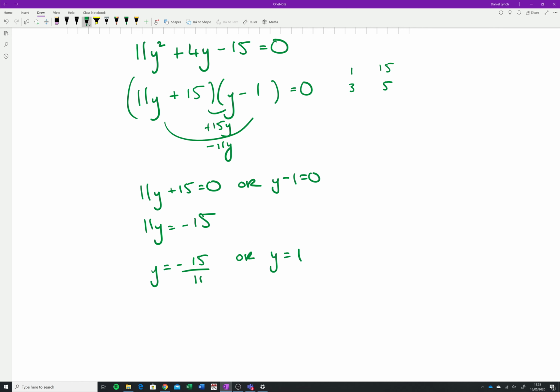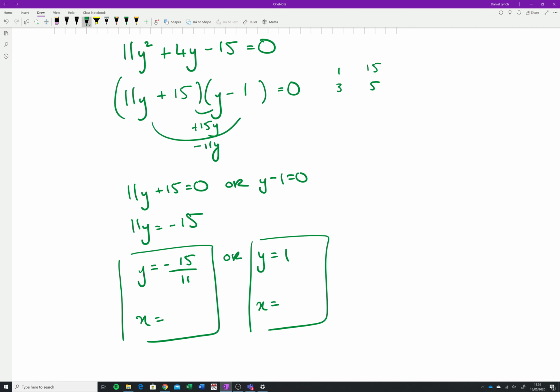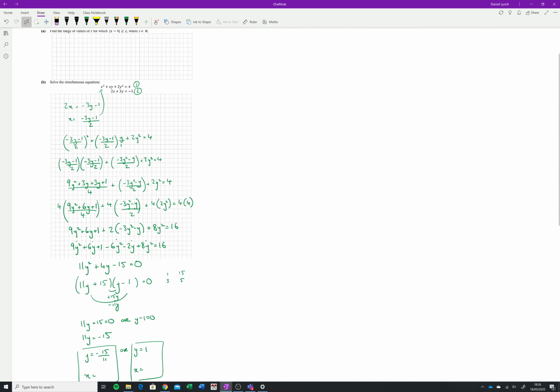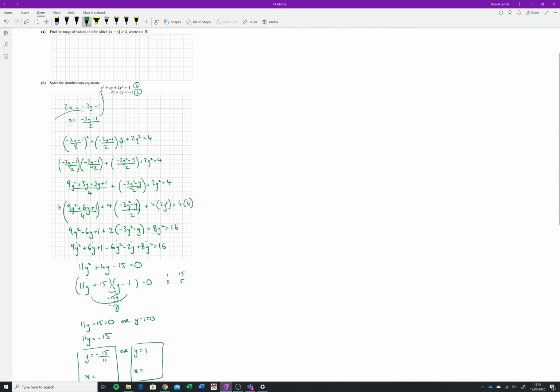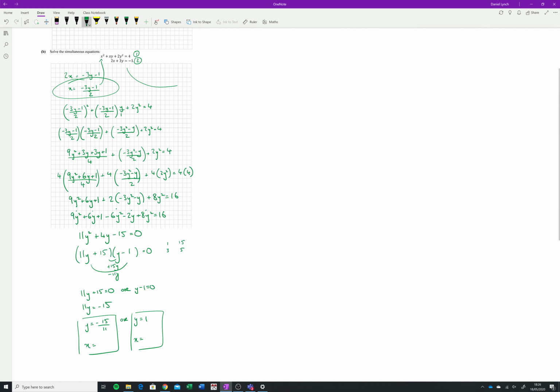Remember, it was a simultaneous equation. We were meant to get what x is as well. And remember this, it's specifically what is x when y is a particular value. So when y is 1, let's go back to our equation. Go to the easy one. Here's a relatively easy one. You can use this one as well, but it's all the same. Just don't use the x squared one.